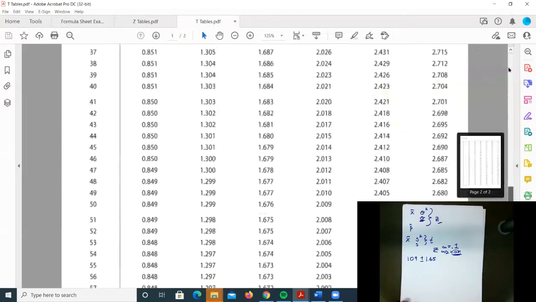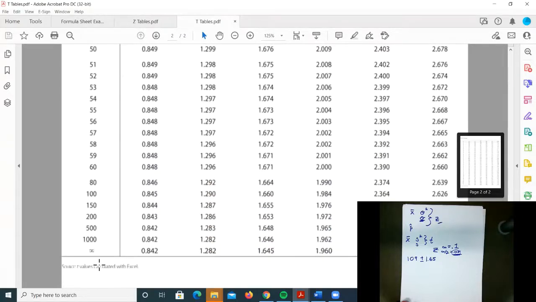And just gone all the way down to this very last row. The very last row is going to show me my benchmark standard normal values, right? If I did have a degrees of freedom of infinity, which would mean I'd have to have an infinite sample size, which doesn't make any sense, right? But if I did, I know that my student T at that point would have completely converged to the standard normal distribution. So one shortcut is we can use the last row of the student T table to look up different standard normal values.